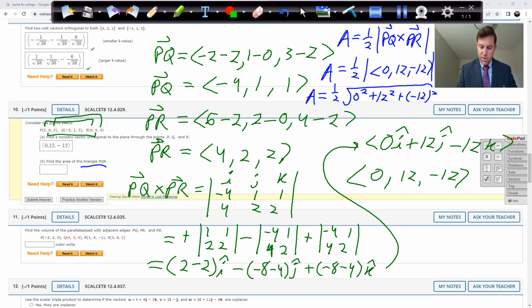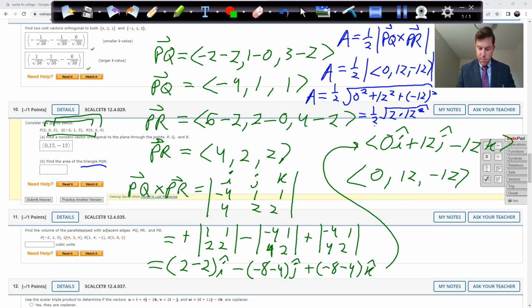And this is going to give us 1/2 of the square root of, it basically gives us double 12 squared, 2 times 12 squared. Well, 12 squared can come out of this as 12.